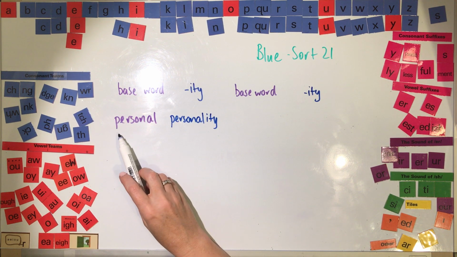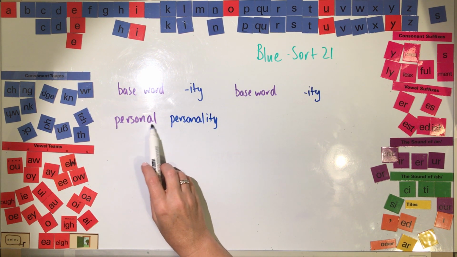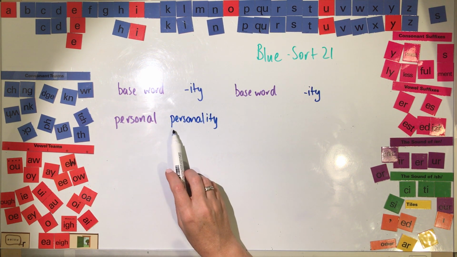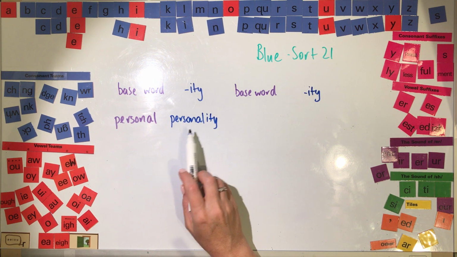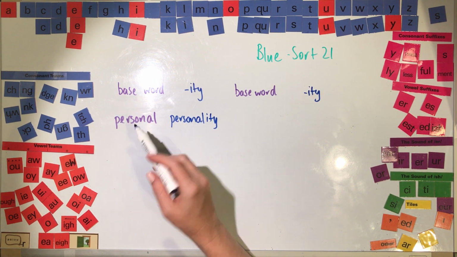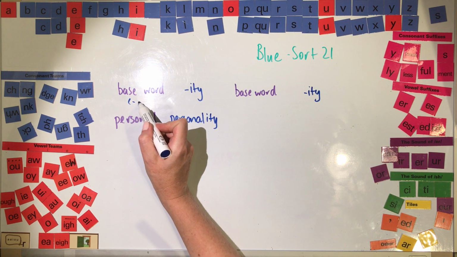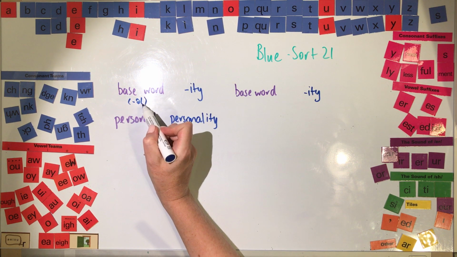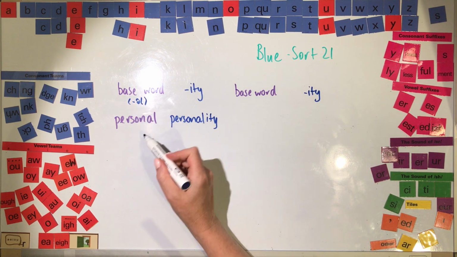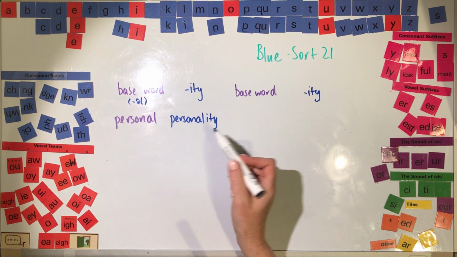Do you notice the change? Here I said personal, so this all is quite emphasized, and now we say personality. It's a different pronunciation. So in these base words we have what is called, we write it like this, like an upside down E, but it's the ul sound. Personal, personality.